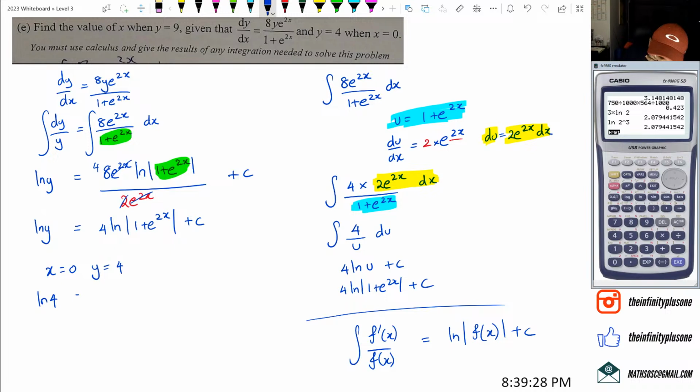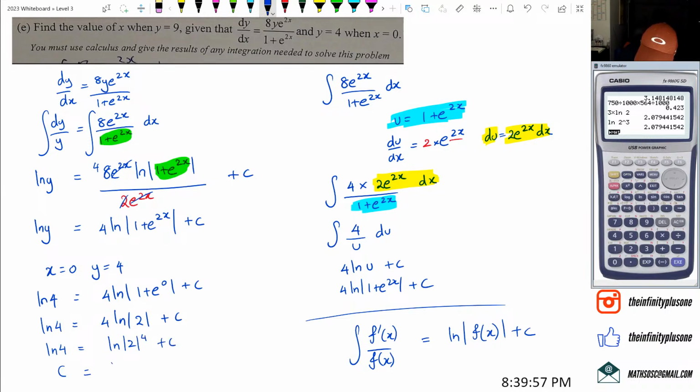So we've got ln of 4 equals 4 ln of 1 plus e to the power of 0, plus c. Ln of 4 is equal to 4 ln of, what is e to the power of 0? It should be 1. So we're going to get 1 plus 1, which is 2, plus c. So ln of 4 is equal to ln of 2 to the power of 4 plus c.